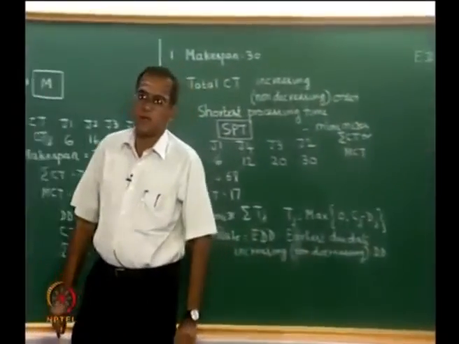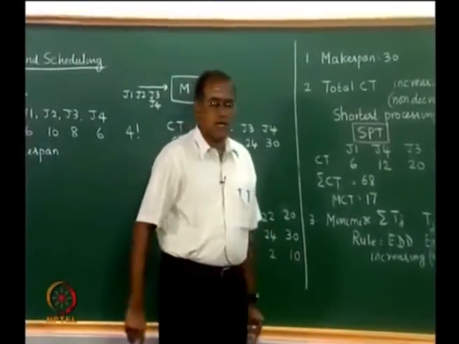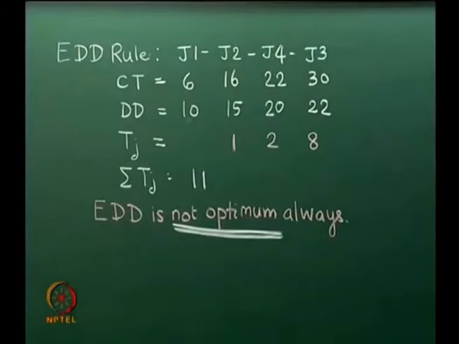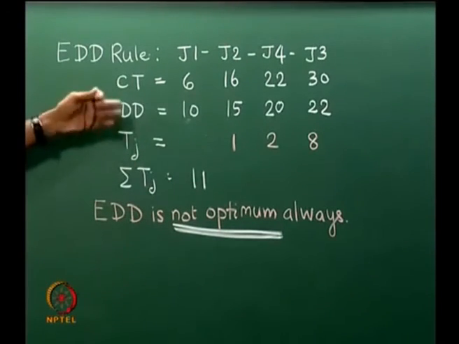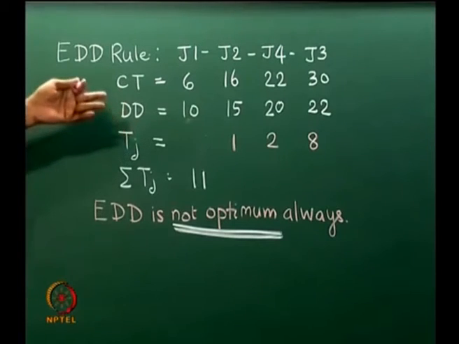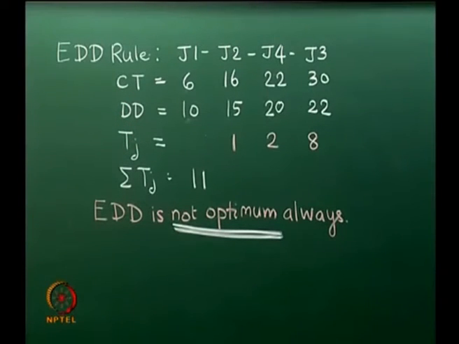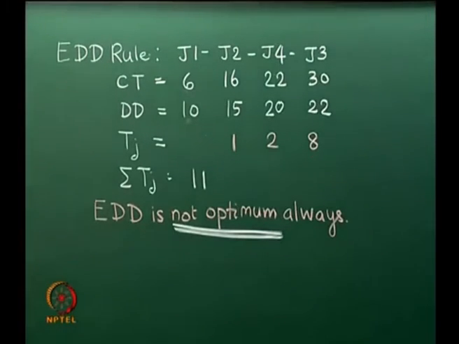There are examples through which we can show that the EDD rule is not always optimum. Though in our example we have calculated a total tardiness of 11, which actually turns out to be optimum for this particular illustration, EDD need not give us the optimum solution always.